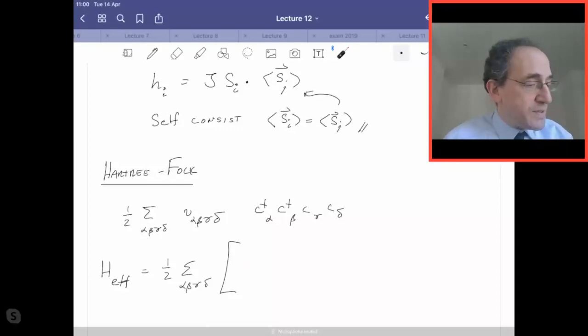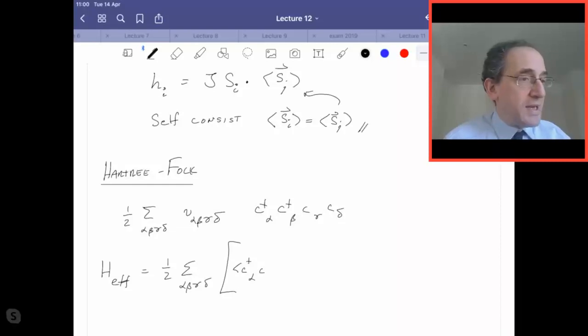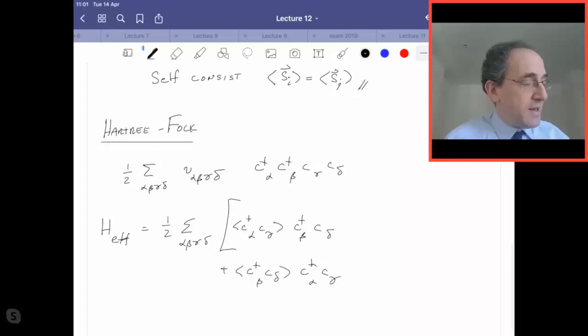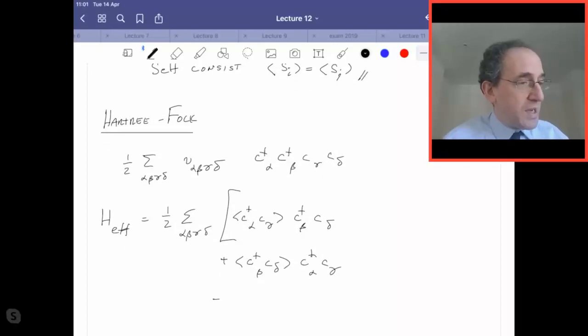So we'll write this as C dagger alpha C gamma times C dagger beta C delta, plus C dagger beta C delta times C dagger alpha C gamma, and then two more terms, and they come with a minus sign: C dagger alpha C delta, C dagger beta C gamma.